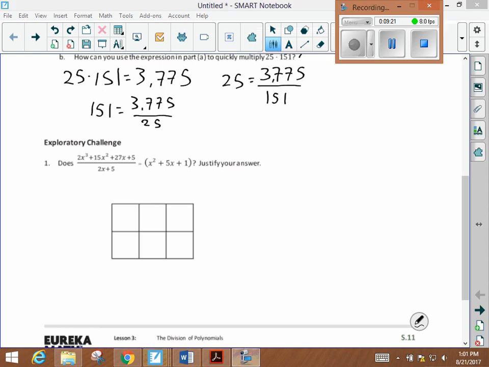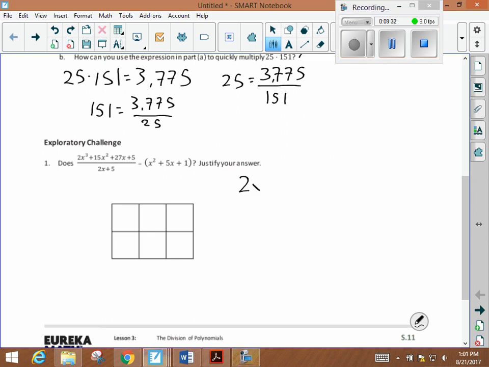Okay, so if we're using our tabular method, isn't this the same thing as saying, right? Let's go ahead and just write the whole thing out. What I want to do is multiply both sides by 2x plus 5 to get a feeling of the way that this thing is going to work.